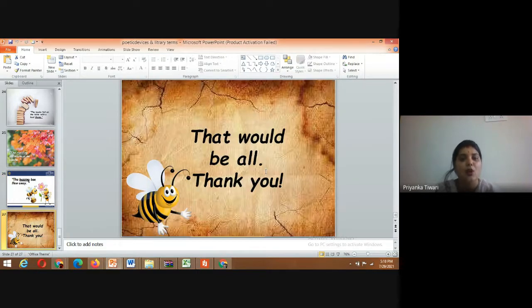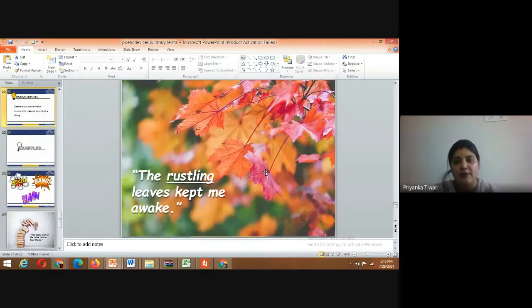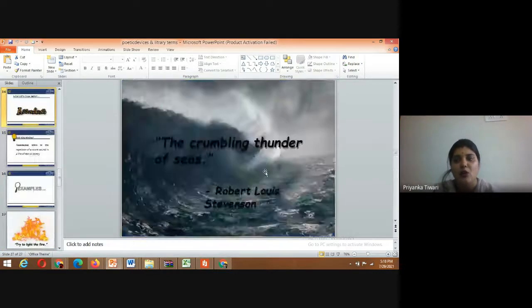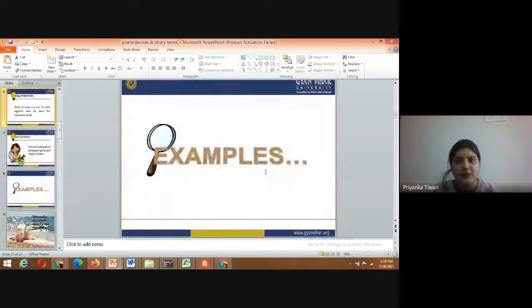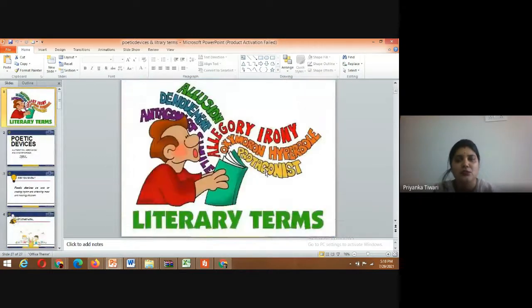That would be all. Thank you all. We have not actually completed all the literary devices, but these are the basic literary terms we have used here. From this PPT, we have learned so many literary terms and different sounds.